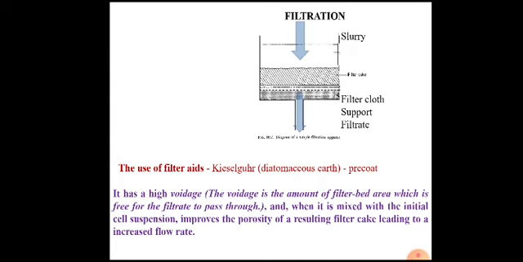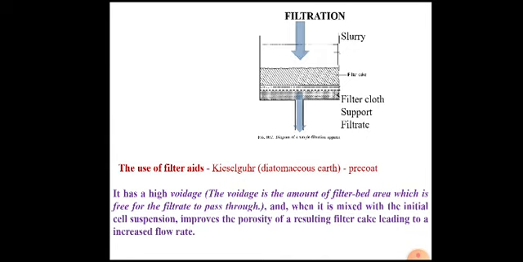Now, let us understand the principle of filtration. This filter aid, diatomaceous earth, has a high voidage. Now, the term is very important. Voidage is the amount of filter bed area which is free for the filtrate to pass through. That means how exactly diatomaceous earth improves the rate of filtration is by increasing the voidage.